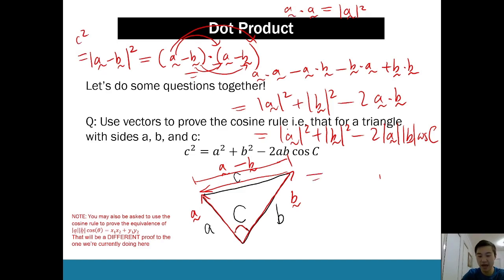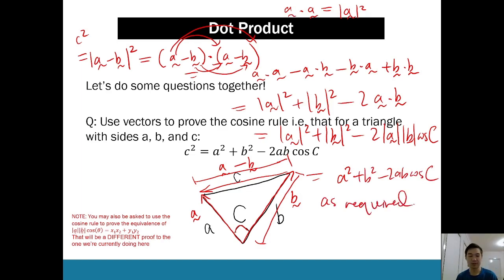The magnitude of vector a squared is just going to be a squared, and the magnitude of vector b squared is b squared, minus 2ab cos C. And therefore, we've proven the cosine rule, just using our knowledge of the dot product.